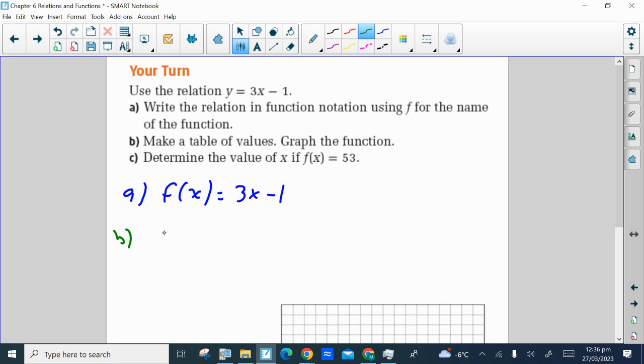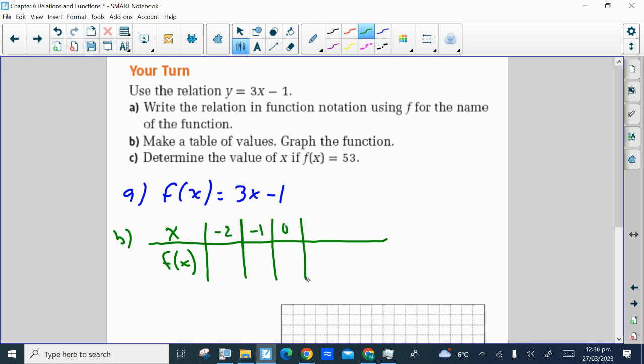Part B wants us to use a table of values. We always start with the independent variable first. We choose different values for x, and that'll give us our values for y or f at x. We can use whatever values we want for x, so I'm going to use these 5 values, but we could use whatever numbers we want.